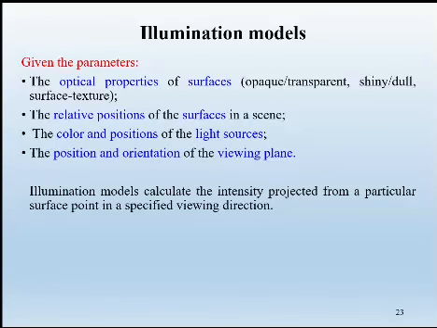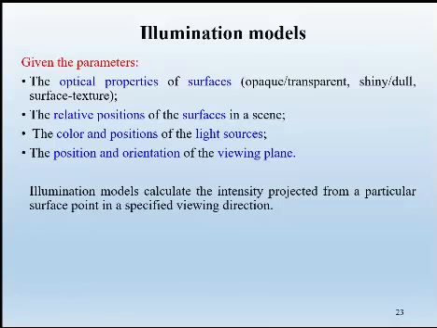Now, suppose we are given some parameters: the optical properties of the surface, whether it is an opaque or transparent object, whether it is shiny or dull, the position of the surface in a scene, the relative position of the surface, the color and position of the light source, meaning whether it is a white light or a green light, and the position and orientation of the viewing plane.